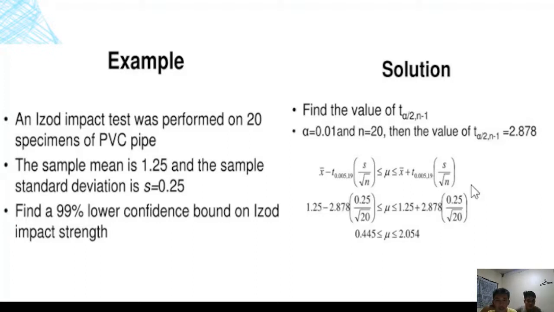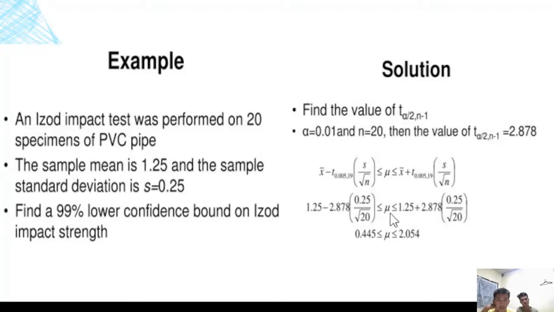Ito yung formula na ating gagamitin. Input lang natin yung values na nakuha natin. Mu is greater than or equal to 1.25 minus 2.878, yung nakuha natin dito, times 0.25 all over square root of 20. Ang makukuha natin sa left part is mu is greater than or equal to 0.445.